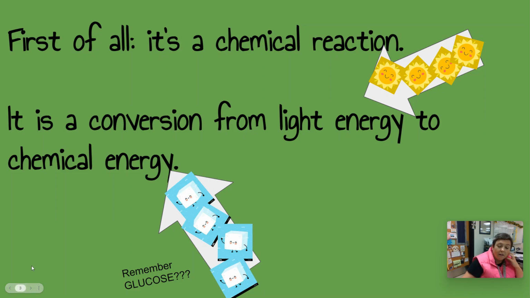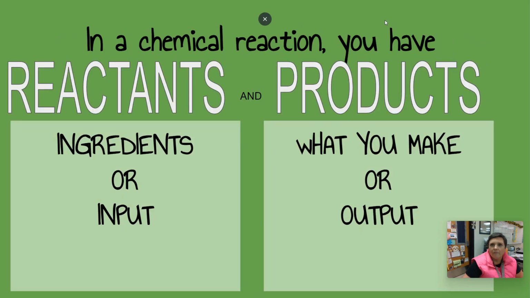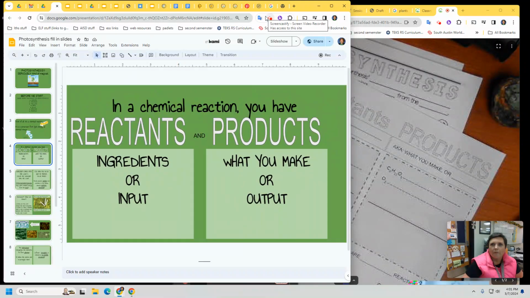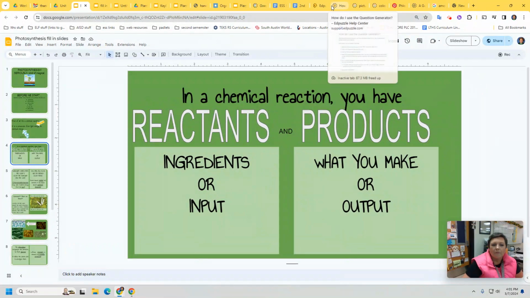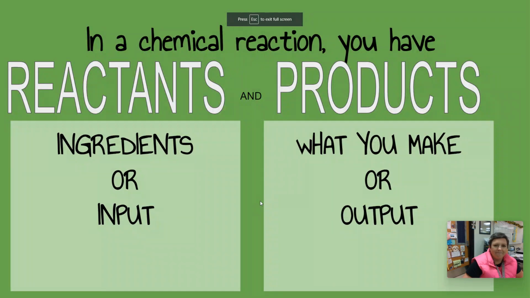Okay, so first of all, photosynthesis is a chemical reaction that happens, okay? We are converting light energy, which is this up here, to chemical energy, which these are sugar cubes, and that's glucose.